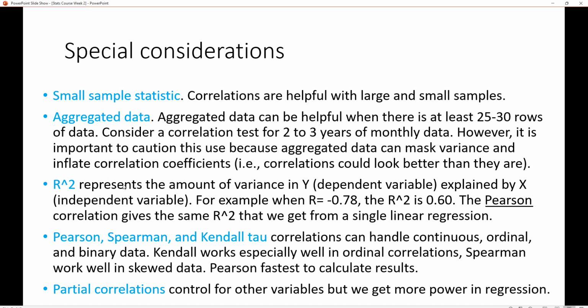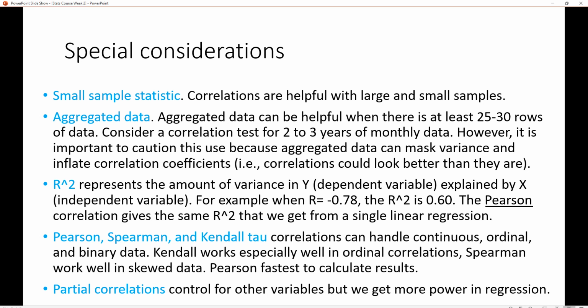So R square represents the amount of variance in Y, which is our dependent variable, that is explained by X, our independent variable. For example, when R equals negative 0.78 in the correlation between horsepower and MPG, the R square is then calculated as 0.60. The Pearson correlation gives the same R square that we get from a single linear regression.